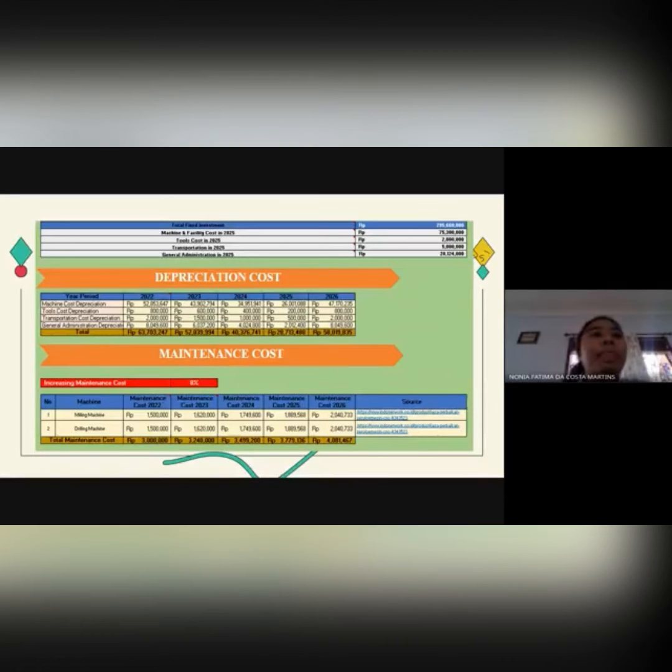In depreciation cost, the total cost from 2026, we got the value 58 million 19,835. In maintenance cost, we use an increasing maintenance cost of 8%. And the maintenance cost in 2026, we got a total maintenance cost of 4,018,000 and 467.